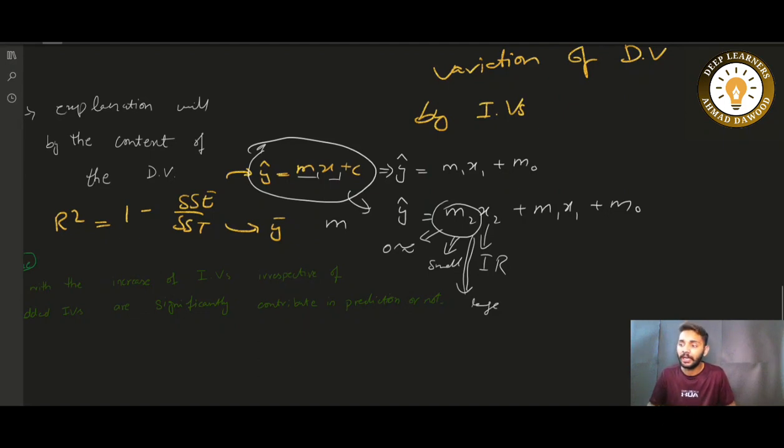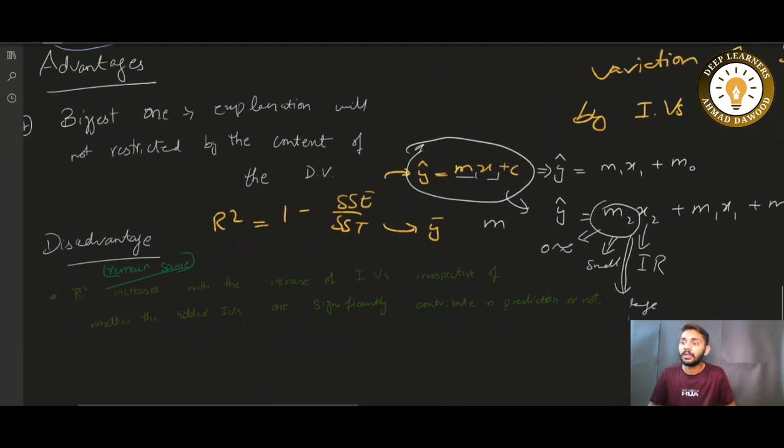How can we avoid that? We tweak or adjust the formula of R square so that we can compare how much the accuracy is affected by adding some feature.